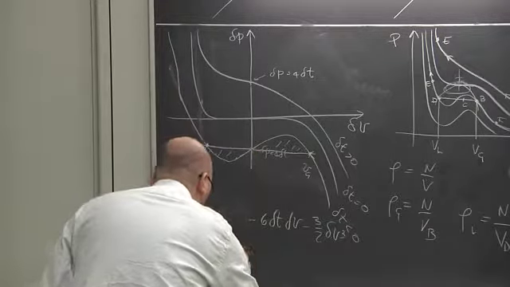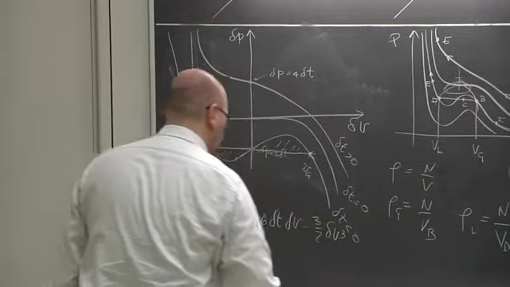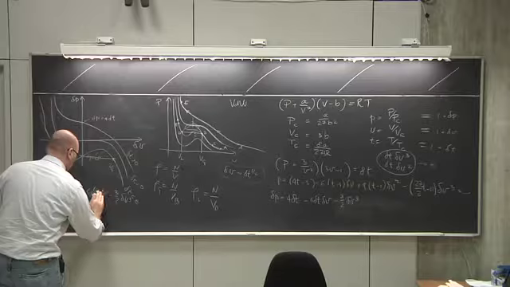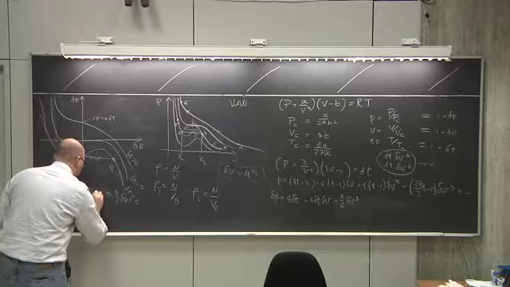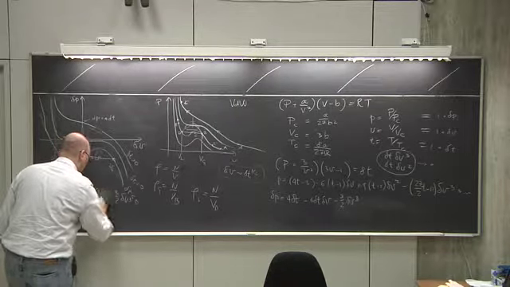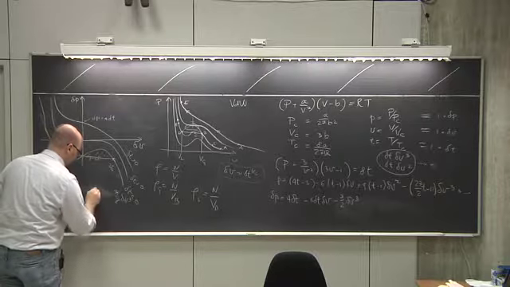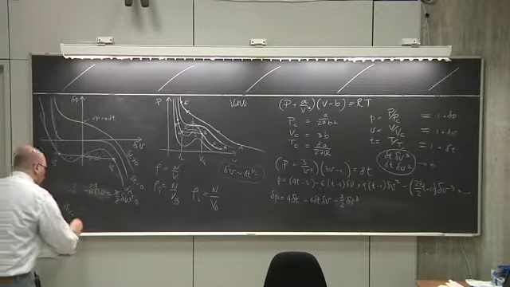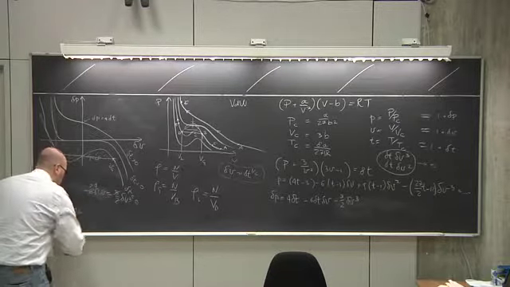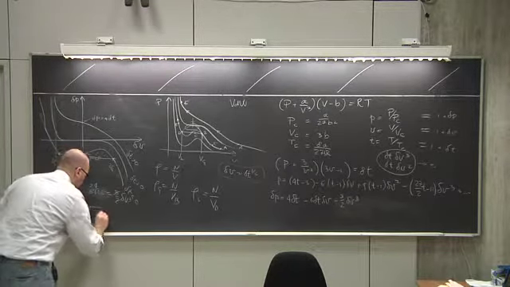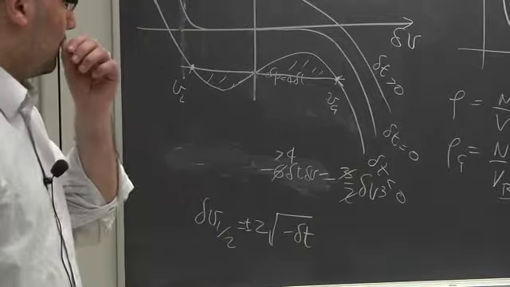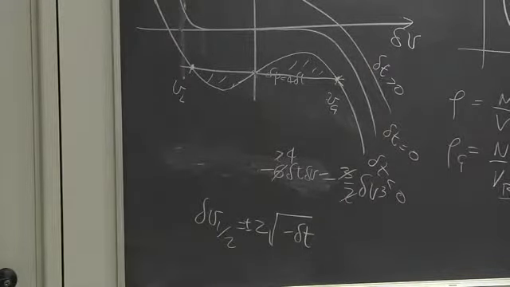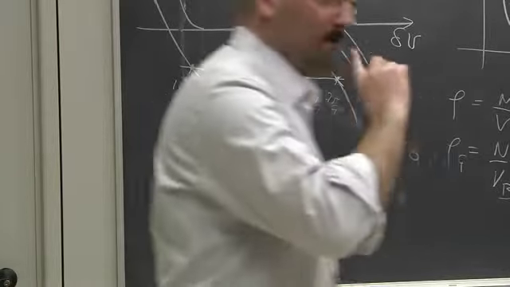And then dv 1, 2 is equal to, let me do this, minus 6 dt dv, so it's plus or minus 2 square root of minus delta t. Okay?